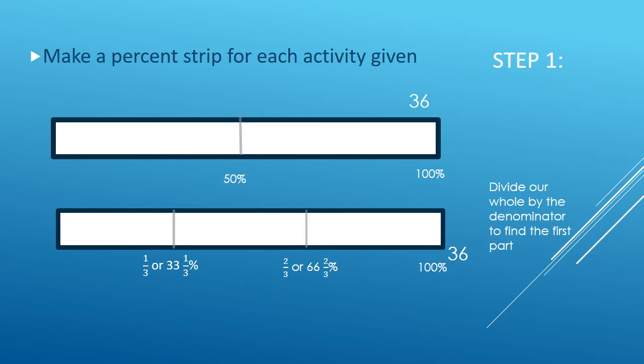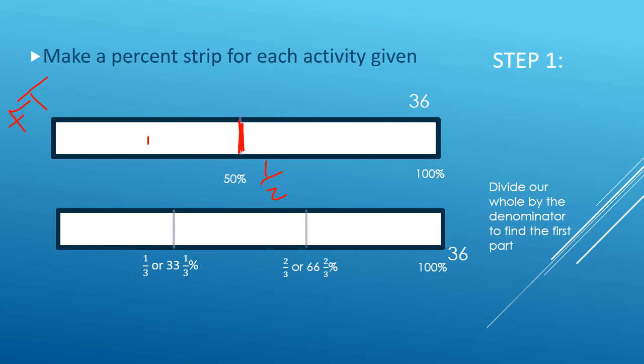Okay, so first step is I need to break down 36 to find my 50% and my 1/3. So I'm going to make a strip for free throws. Notice that I cut my strip in half because 50% is 1/2.